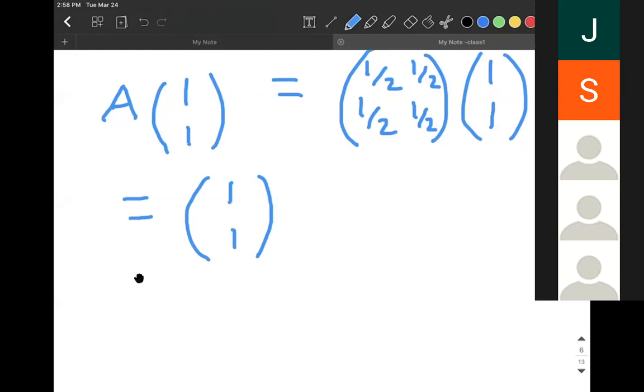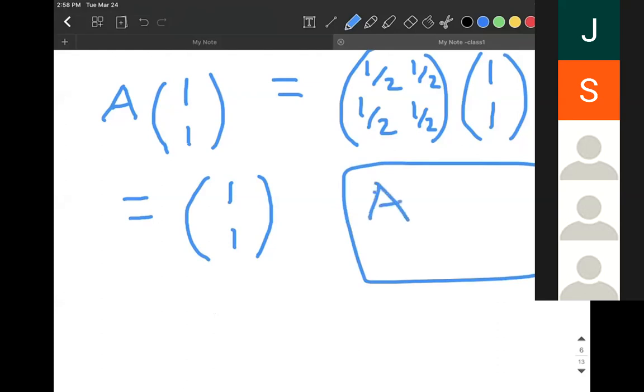So what is an eigenvalue and an eigenvector? Recall, if I write it here, this is an eigenvalue eigenvector equation, right? So what is an eigenvalue and an eigenvector here? You can write on chat if you want.